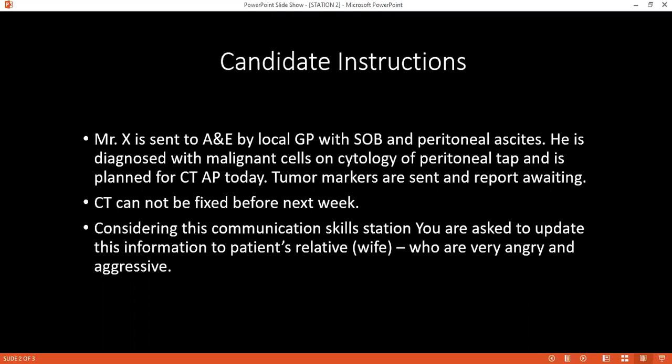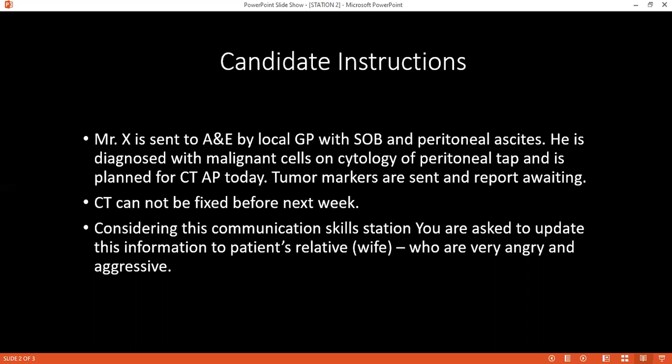Unfortunately, it's bad news. We were planning to do a CT today, but our CT machine is not working, and we have called our engineering team and they are looking into it. What, the CT scan is not working? How come, doctor? How many bad news are you going to tell me? First thing, Mr. Man is not here.